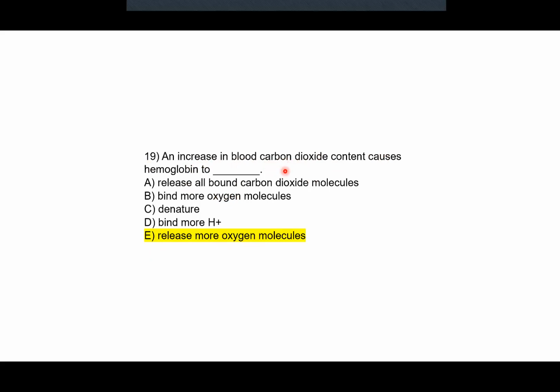So if we have a higher carbon dioxide concentration in the blood, then the medullary respiratory center is going to have the body respond by breathing faster. And if we're breathing faster, we're going to be releasing more oxygen molecules because we need more oxygen molecules for more cellular respiration. Because we're being more motile, we're doing more, so we need more energy, which causes us to produce more carbon dioxide.